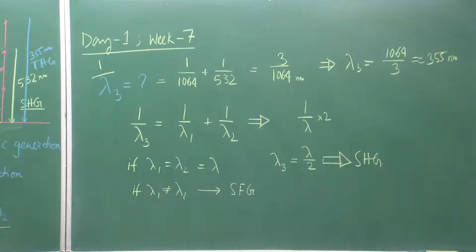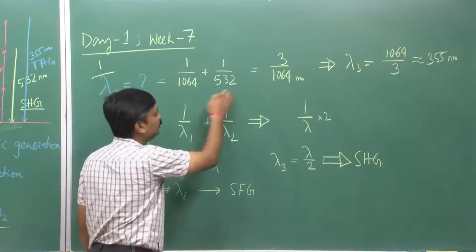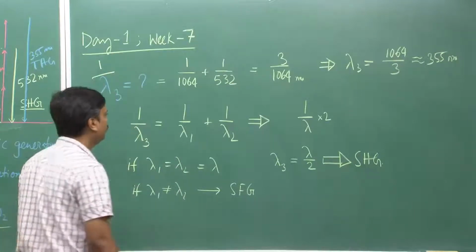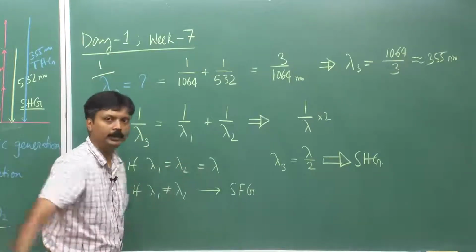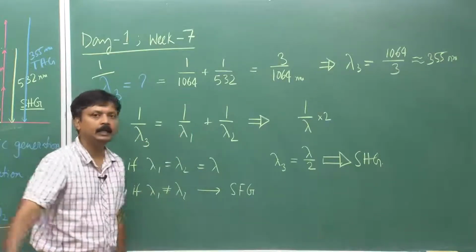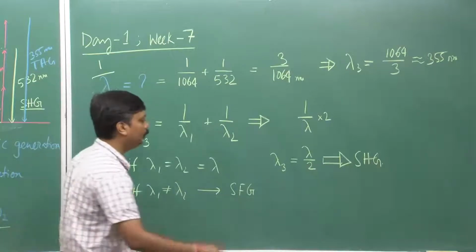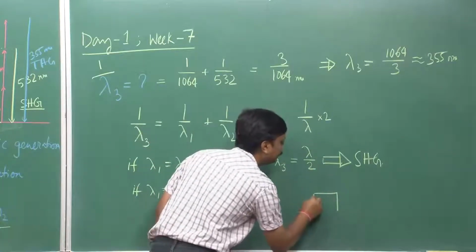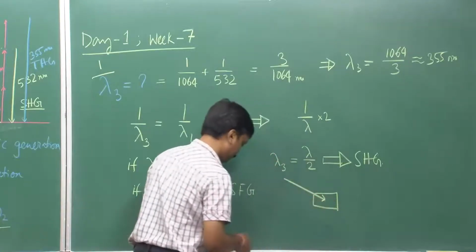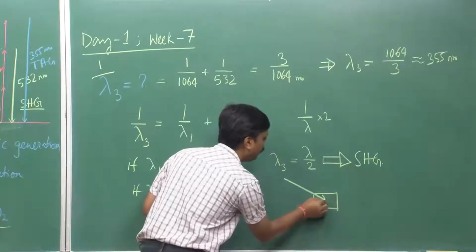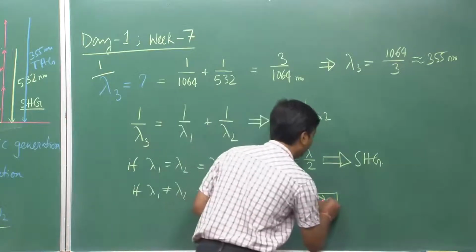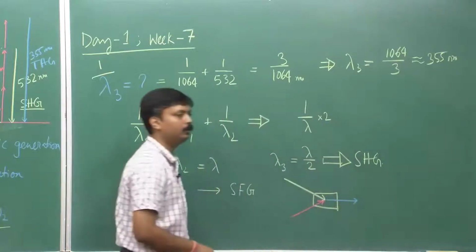And this process is also known as wave mixing. Why? Because you are having a total of 3 different photons here. We are taking the second order process only. So, 3 different frequencies are as if being mixed. I can show it pictorially: suppose this is a nonlinear optical crystal, and one light is coming here, another light is coming here, and the third light is coming out.